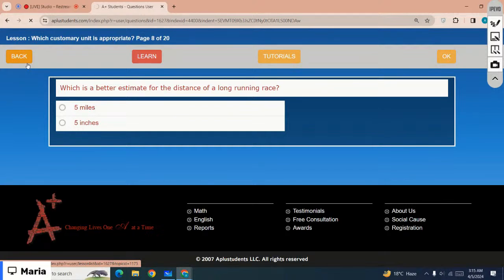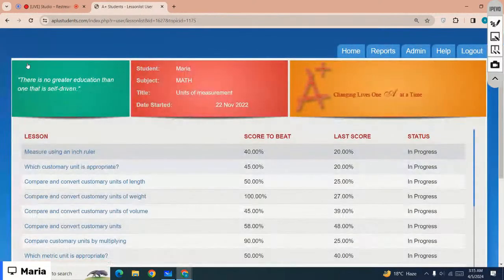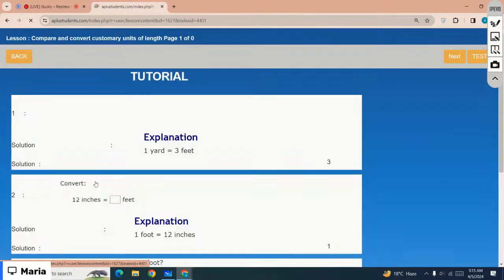The next lesson is compare and convert customary units of length. Okay, so you are given 1 yard. These are the very basic conversions. You can keep the basic conversions in your mind.